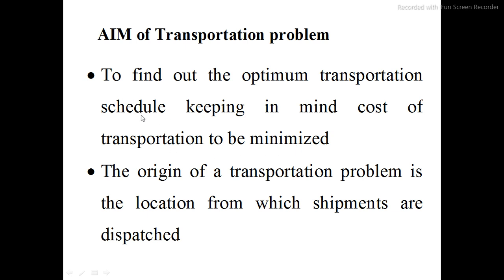We have to schedule the transportation in such a way that the transportation cost should be minimized. That is, to transfer the goods, product from one city to another city, it should be scheduled in such a way that the cost should be minimized. Right? This is the first aim.